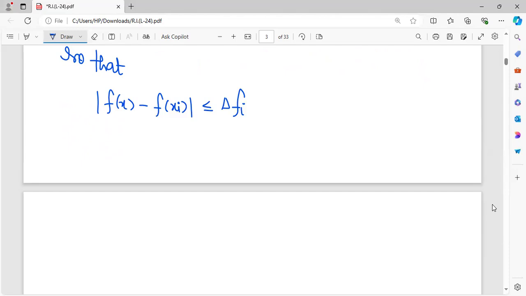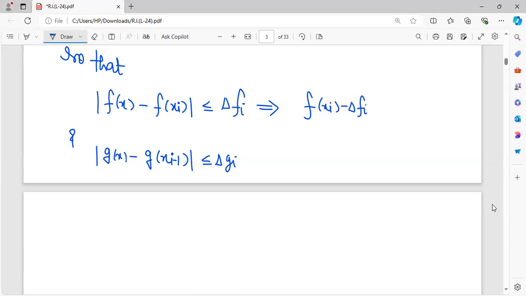And |g(x) minus g(xi-1)| is less than or equal to delta gi. But from here, what did we get? f(xi) minus delta fi is less than or equal to f(x), which is less than or equal to f(xi) plus delta fi.